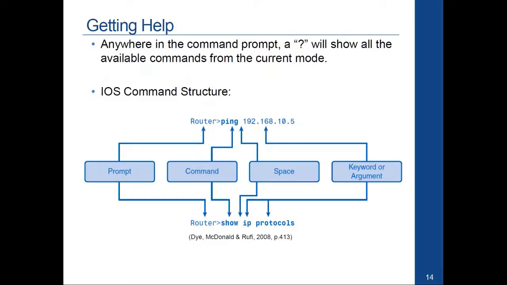So let's say if you are trying to ping a device, you just give the command ping space, then you might not know what should come after that. You can type in question mark and it will show you what should go there. The other thing is, if you write pi and just press tab, it will try to complete the command as well with the best guess or the best match, I would say.